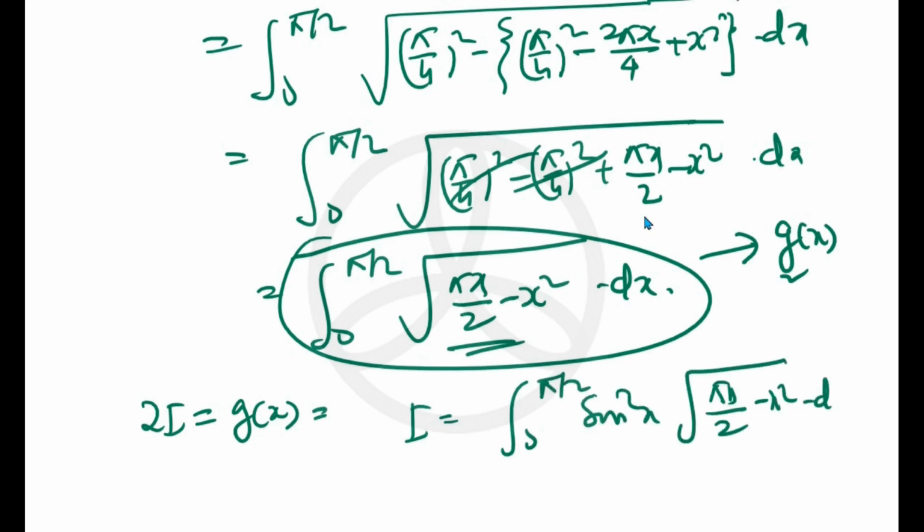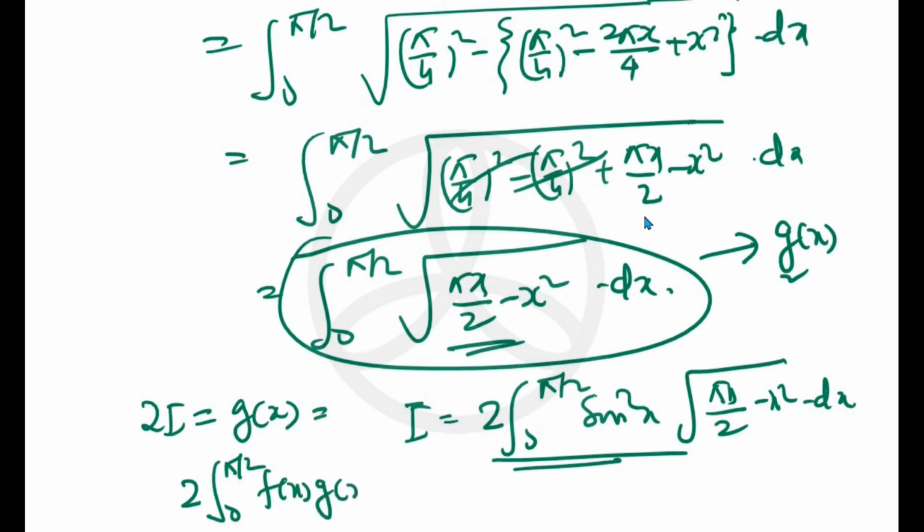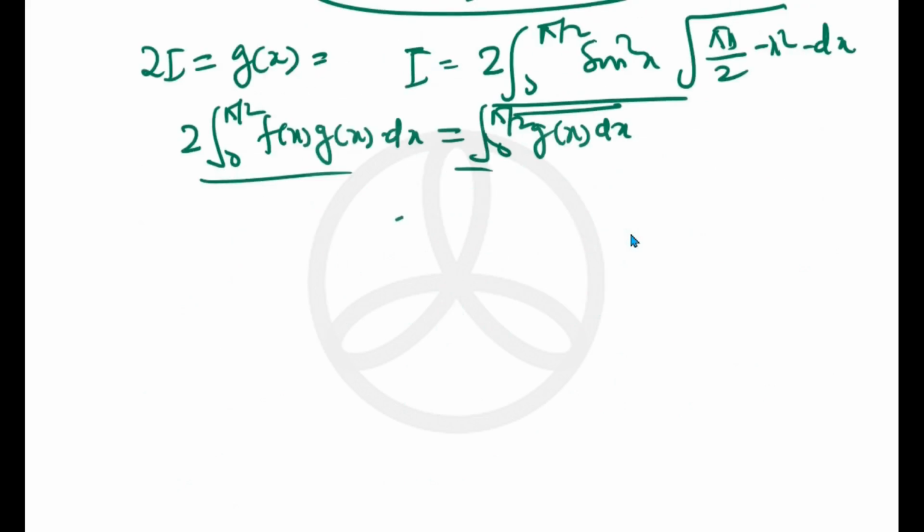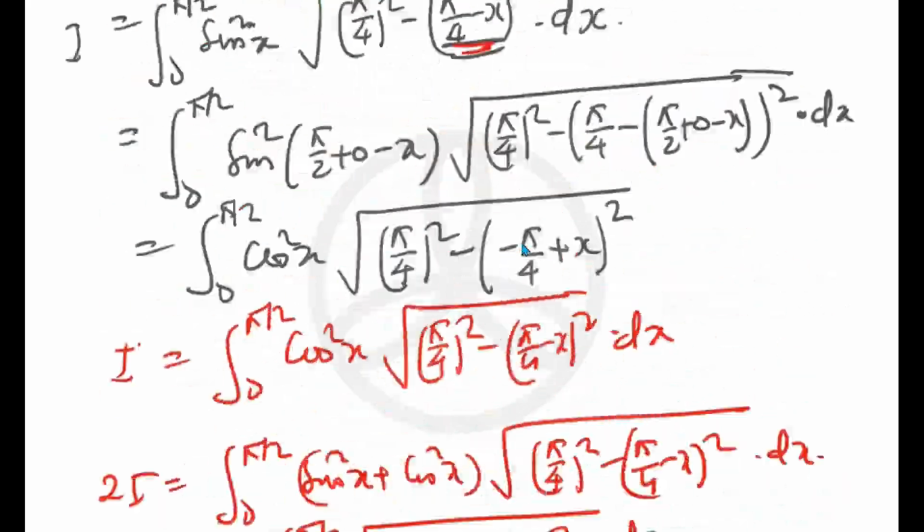So 2I is equal to g(x), which means the integral from 0 to pi of 2 f(x) g(x) dx is equal to the integral from 0 to pi of g(x) dx, and hence this minus this is equal to 0. Our answer will become 0 for this.